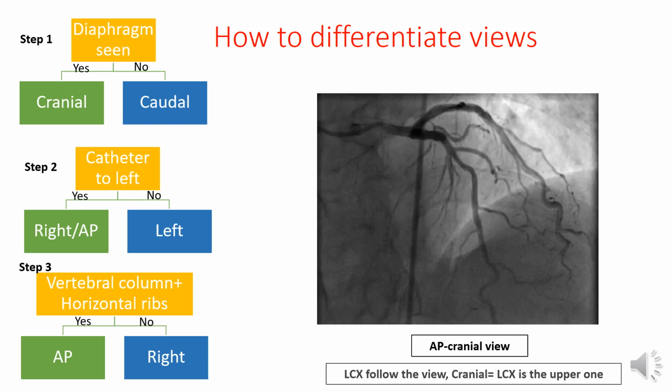And as a rule, the LCX follows the view, which means when the view is cranial, the LCX is the upper one. When we are dealing with a caudal view, the LCX will be the lower one. Here in this picture, we are dealing with an epicranial view, so the LCX is the upper one.